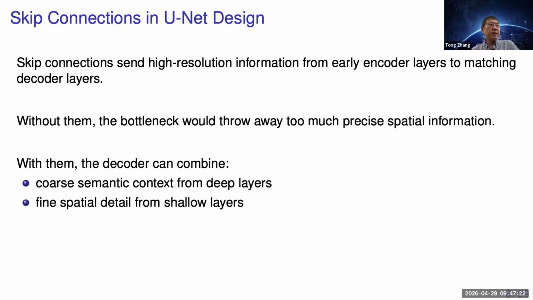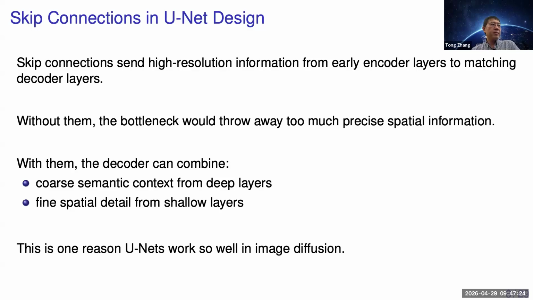Therefore, you adapt that from image to image to noise. Noise, you can think about it as an image. So you adapt that to this, and this makes it easy. So this is roughly what it is, and the key is you have this connection at the same level from encoder to decoder.